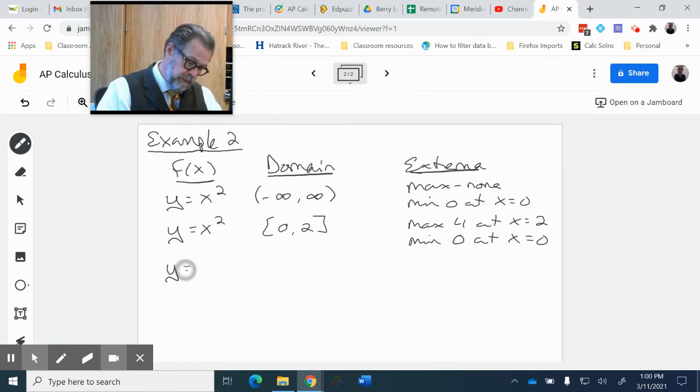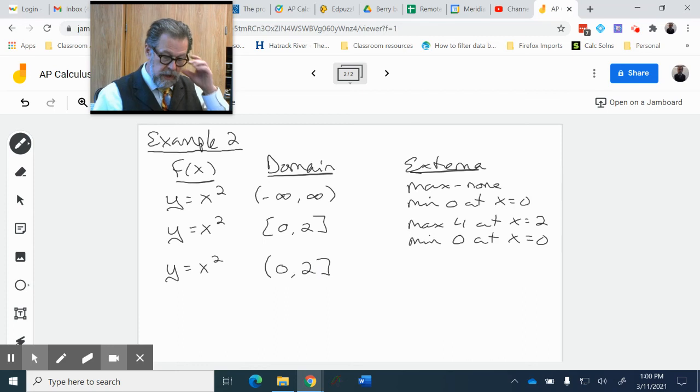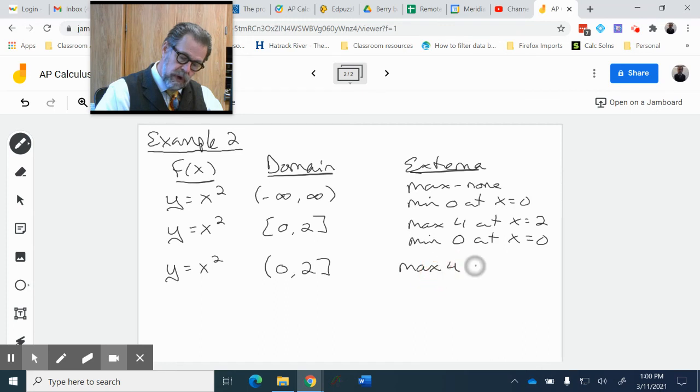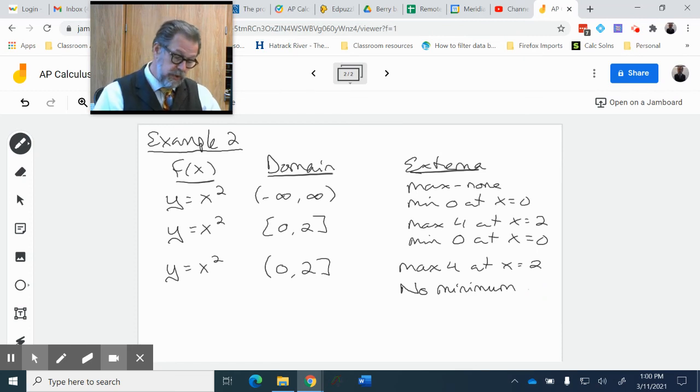Same function, but this time we're going to make the left bound an open-ended interval, which means that this has a maximum of 4 at x equals 2, but it has no minimum. When you can continue to get infinitesimally close to x equals 0, you just keep going down and down. You're never actually going to get to 0.